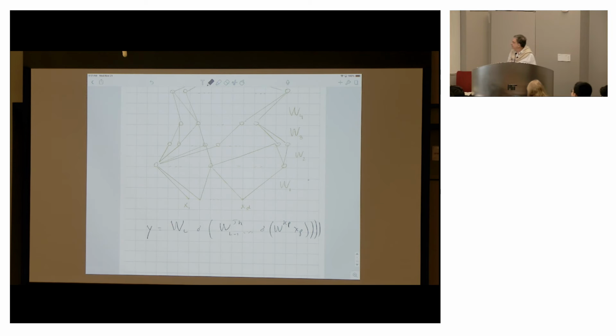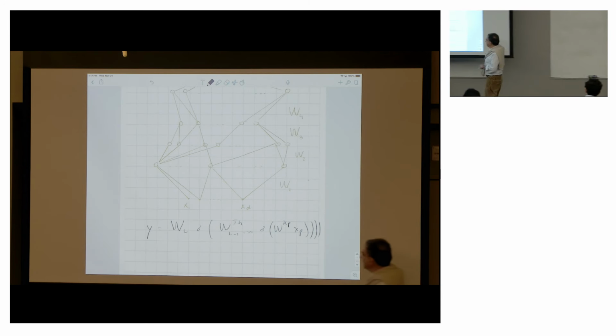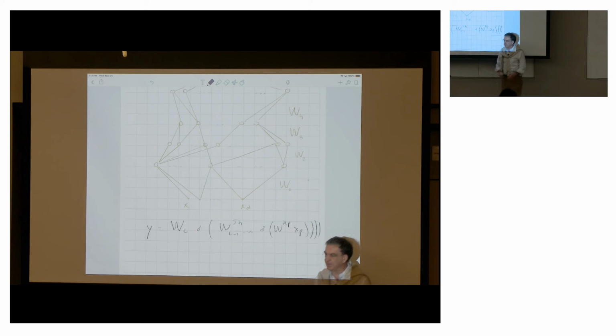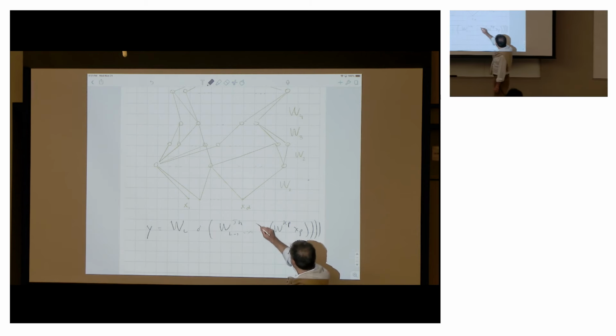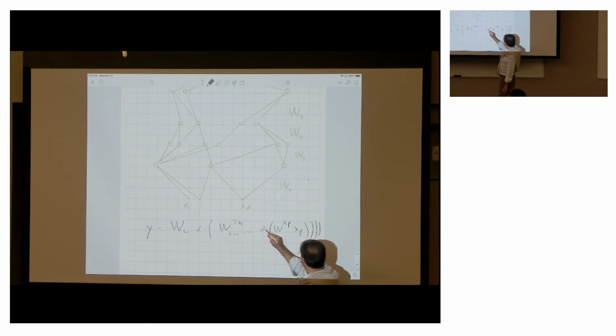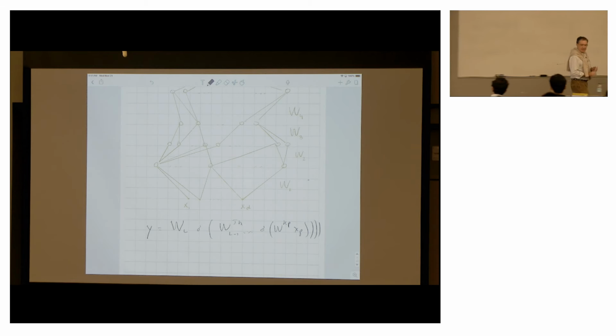When I write this, I'm using what is called the Einstein convention, which means that I'm summating over repeated indices. Okay, for instance, here I will have a W, some LP, sorry, K, and that will summate over K there. Is that clear?